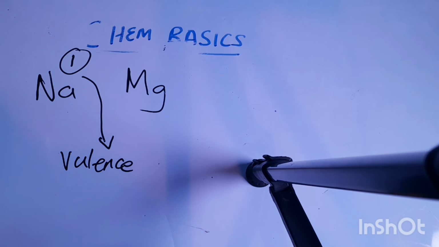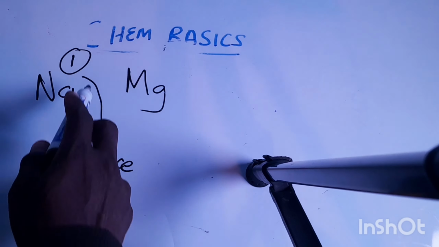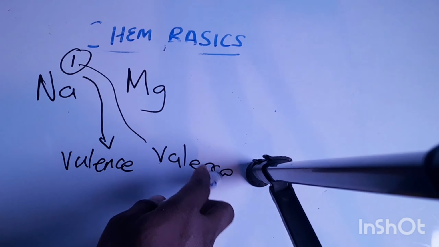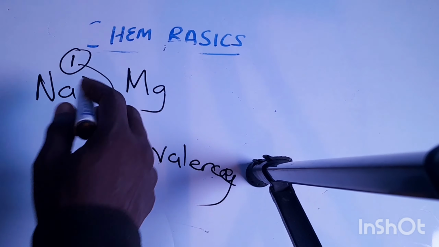That's when we have ionic bonds. Ionic bonds are between metals and non-metals. So sodium can lose this electron to a non-metal. It has 1 valence electron and also a valency of 1, because it can only make 1 bond.